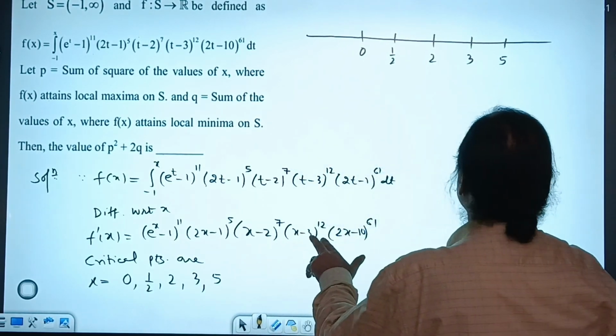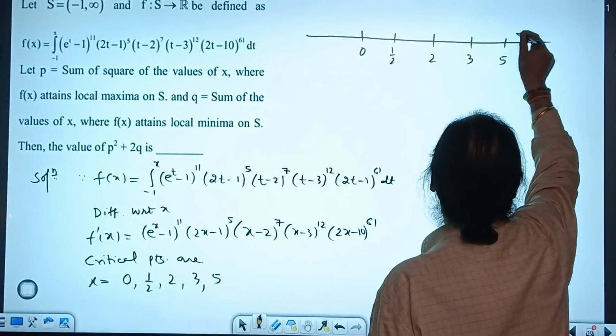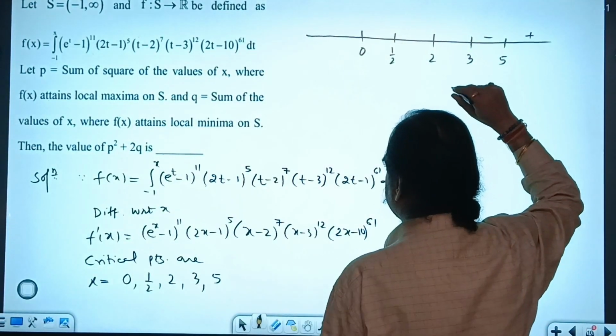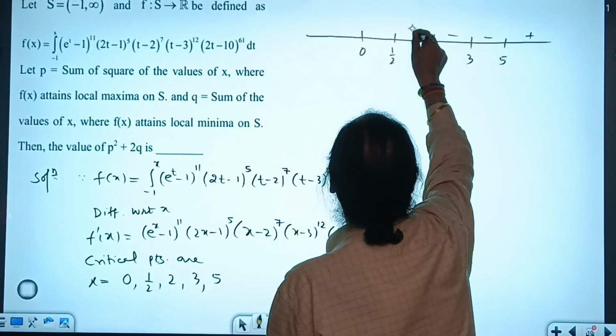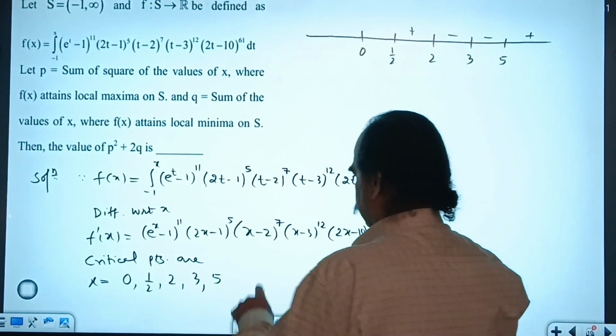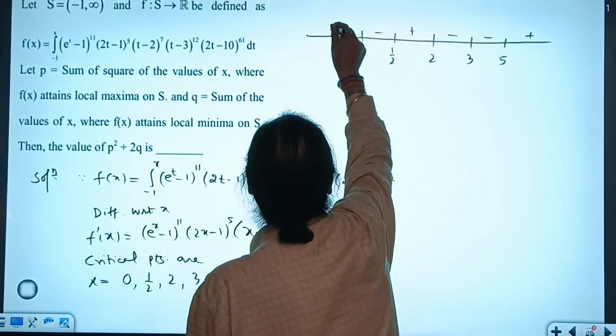Now we need to take care of x minus 3. This is minus, plus, minus. (x minus 3) squared will also be minus, then plus, in even power sign doesn't change. And this is also minus, plus.